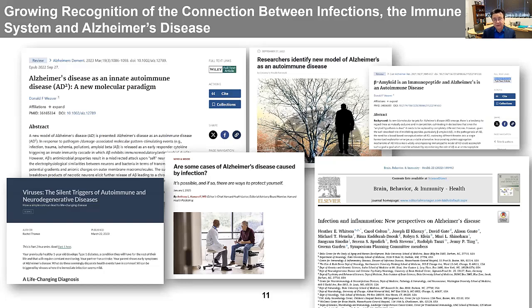In fact, the current prevailing belief, as you can see from a few of these articles, is that Alzheimer's disease is an autoimmune disease, in which the immune system is actually recognizing parts of the body as foreign, and the belief is that beta amyloid is an immunopeptide. And this is actually what's being triggered and accumulating in the brain.